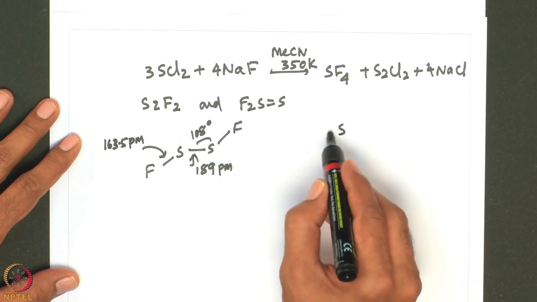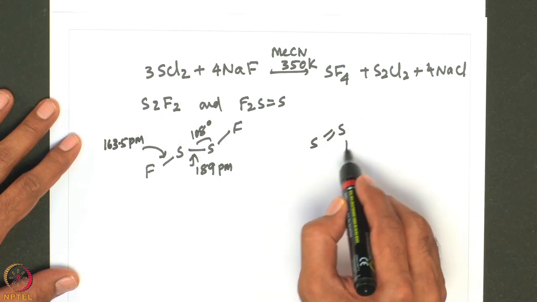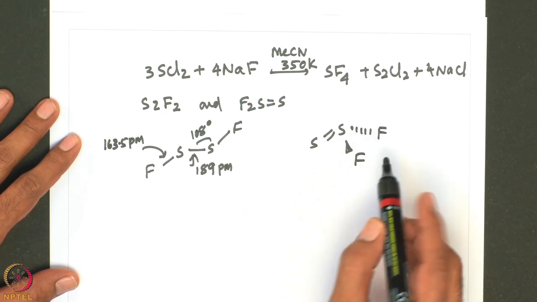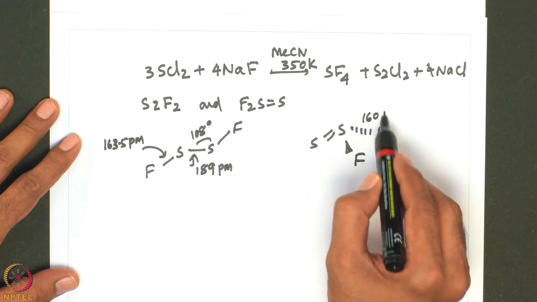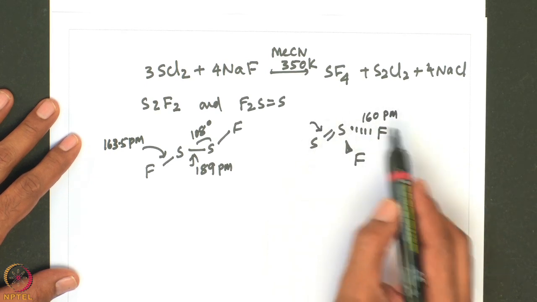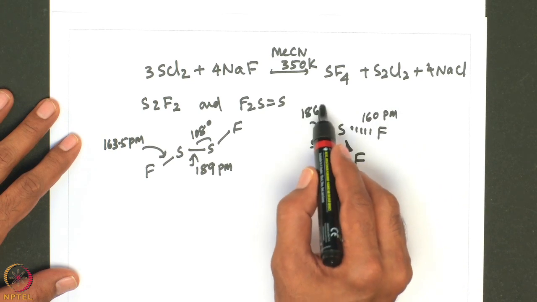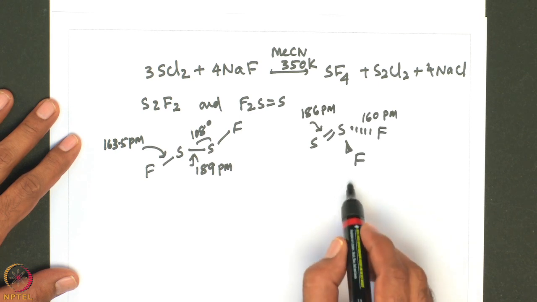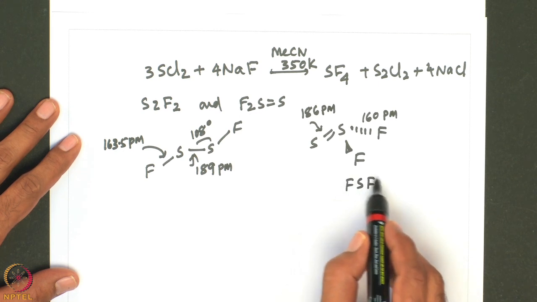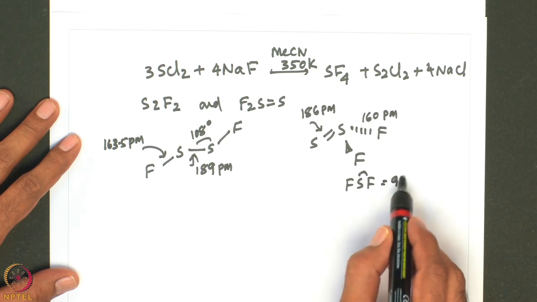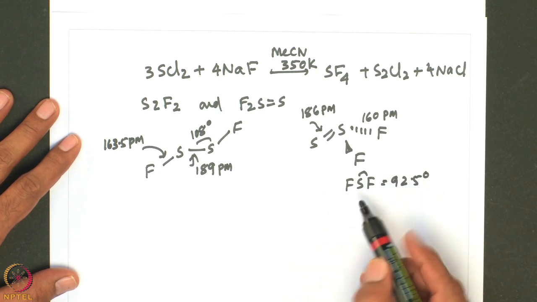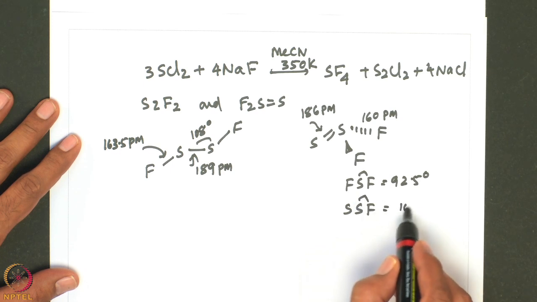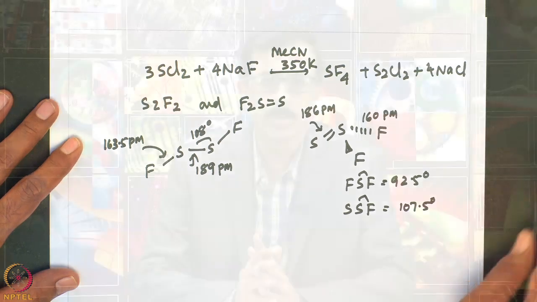Other structure is, and here it is 160 picometer and here the SS bond distance is 186 picometer and here FSF angle is 92.5 degree, whereas SSF angle is 107.5 degree.